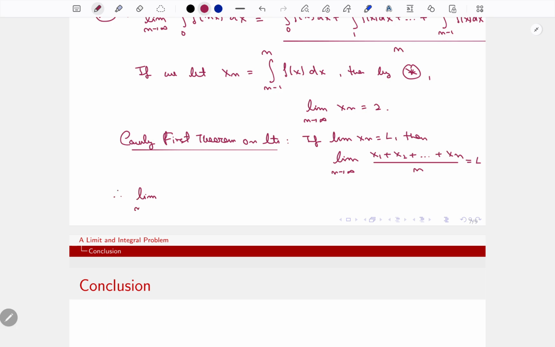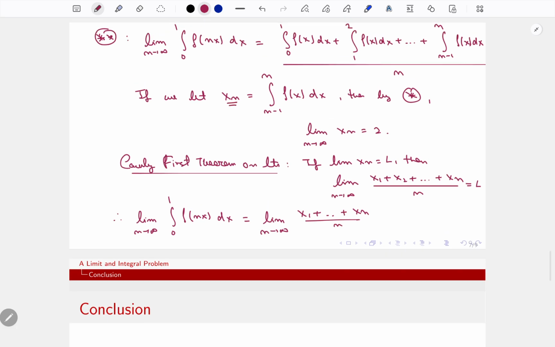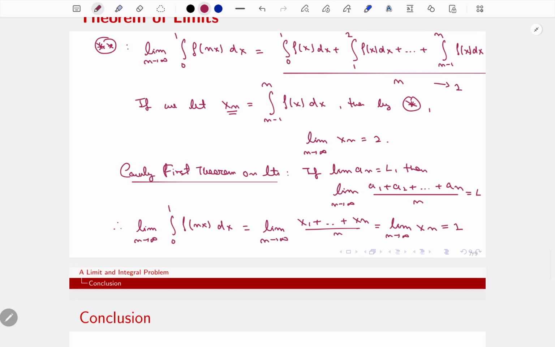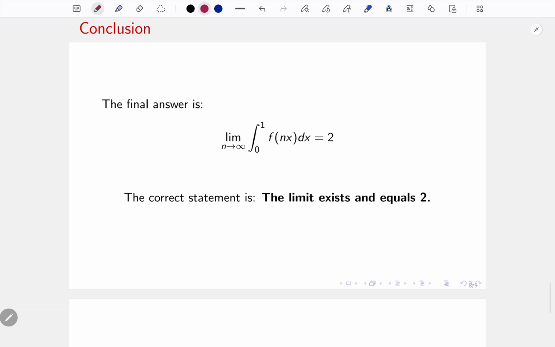Therefore, the limit as n tends to infinity of the integral from 0 to 1 of f of nx dx is exactly equal to the limit as n tends to infinity of x1 till xn upon n, by how we have defined xn here. That is exactly equal to the limit as n tends to infinity of xn, and that is exactly equal to 2. So the conclusion, the final answer, is that this limit is exactly equal to 2.